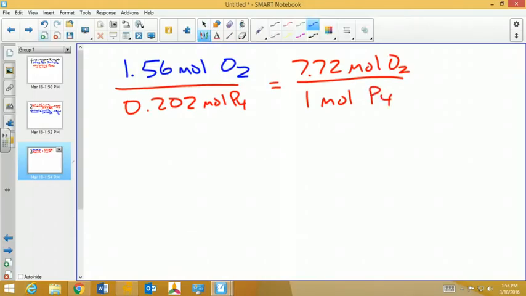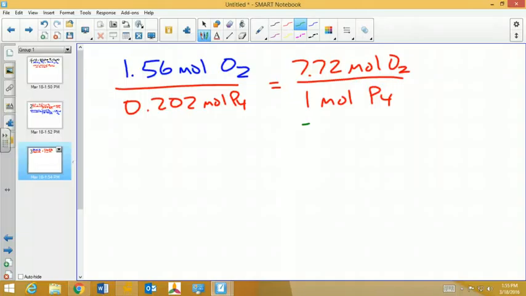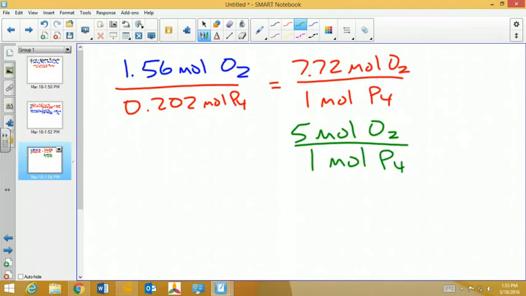Now that I have that ratio, I'm going to go back to my balanced formula, P4 plus 5O2, and look at what is the ratio between P4s and O2s here. Well, you see there's a 1 there, even though it's not present, and a 5 there. So I'm going to use that to put my ratio here. So 5 moles of O2 over 1 mole of P4.